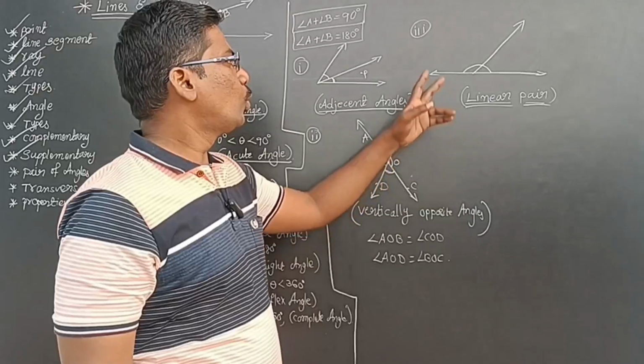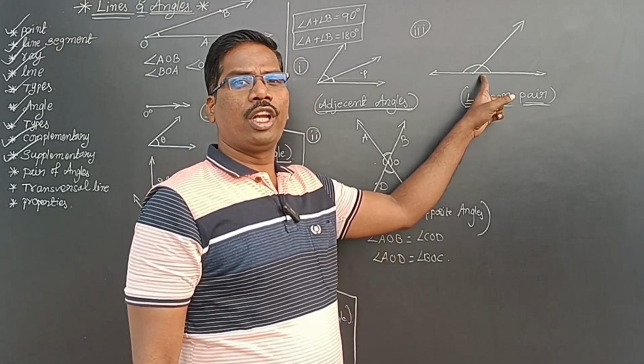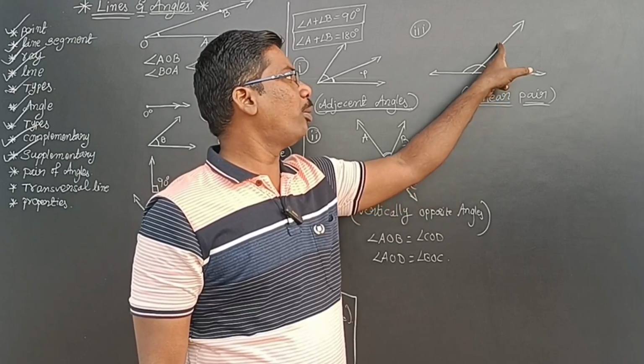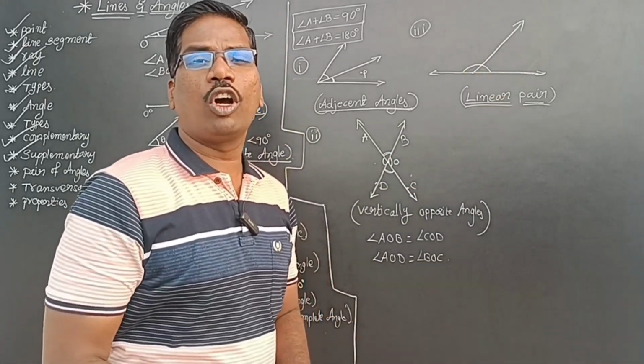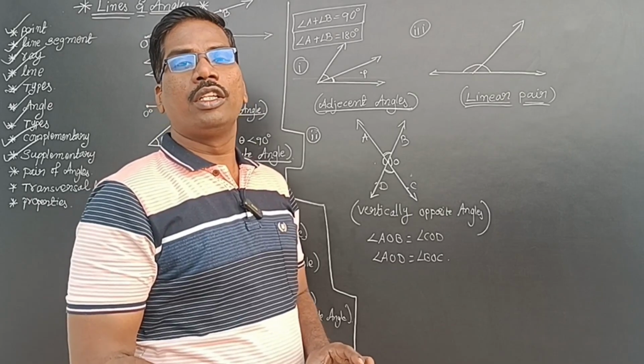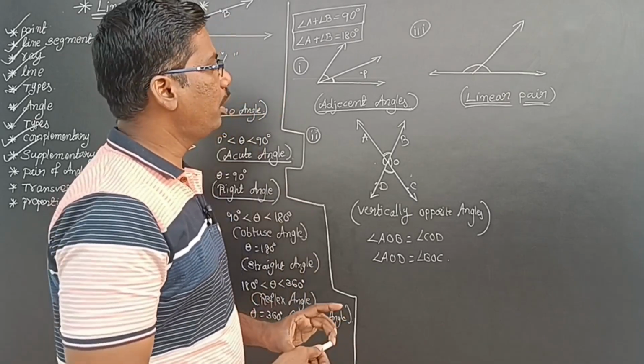Two angles are said to be a linear pair if the non-common rays, since this is the common ray, are opposite to each other.